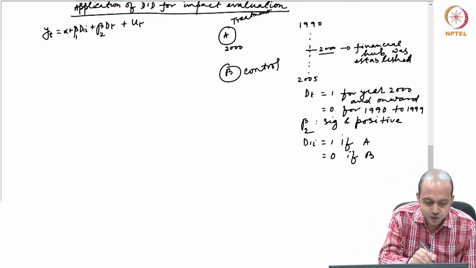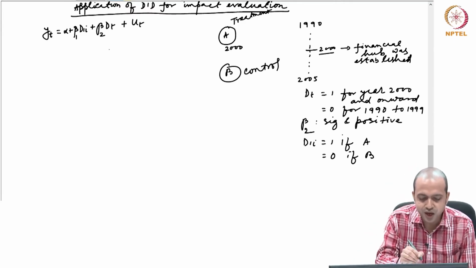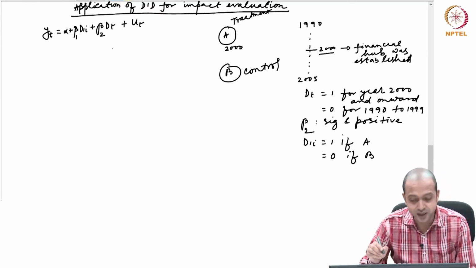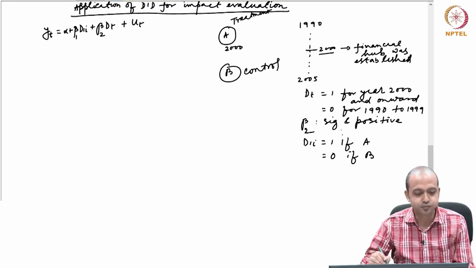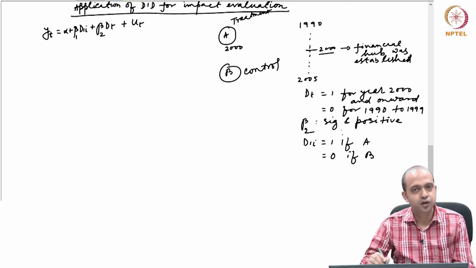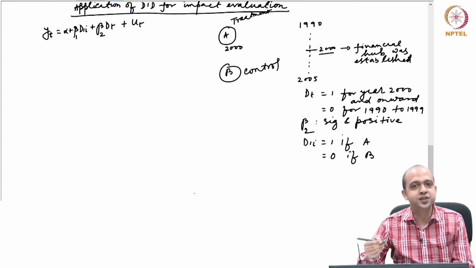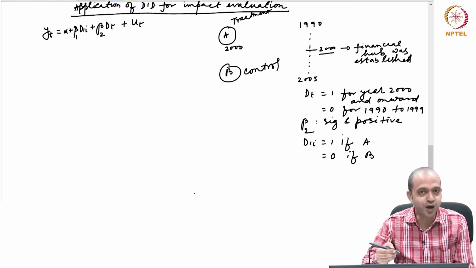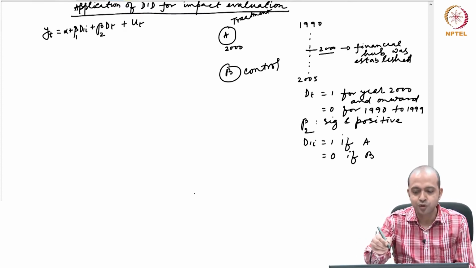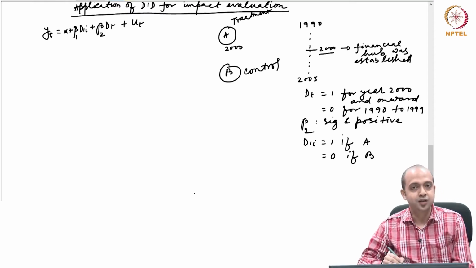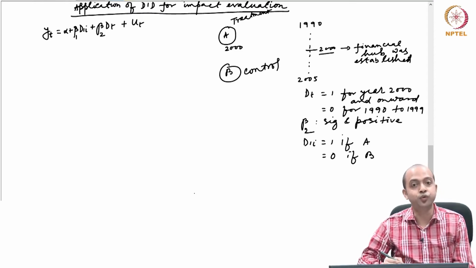Now, if you set up this type of model and try to conclude that yes, beta 2 is positive and significant, that means the financial hub has a positive impact on real estate price for place A, then your conclusion would be wrong.